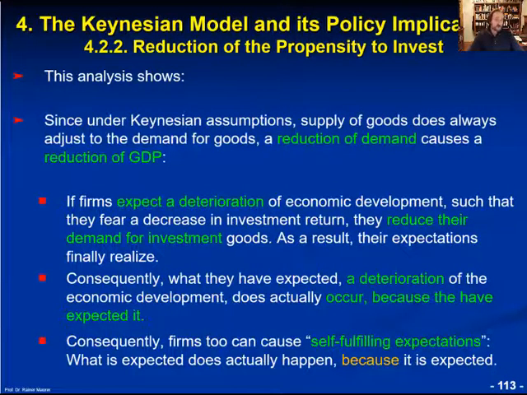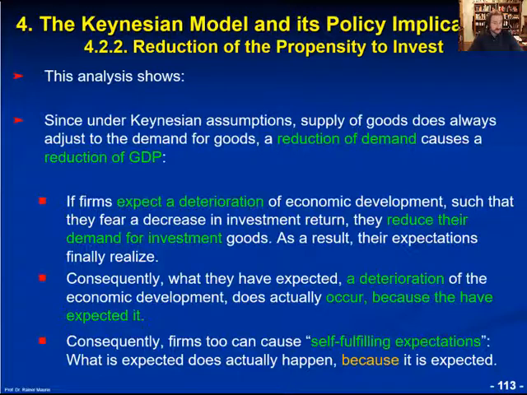This analysis shows, under Keynesian assumptions, where the supply of goods always adjusts to the demand for goods, a reduction of demand causes a reduction of GDP. If firms expect a deterioration of economic development such that they fear a decrease in investment return, they reduce their investment demand for goods.